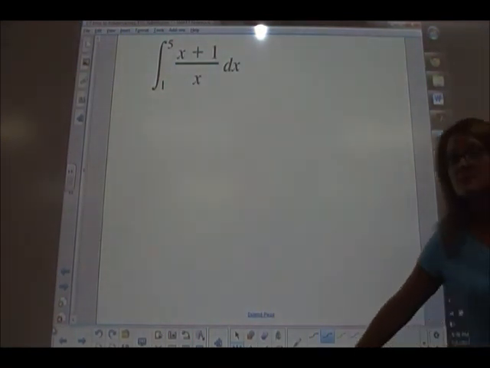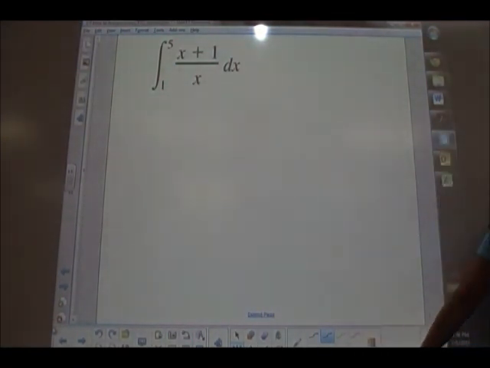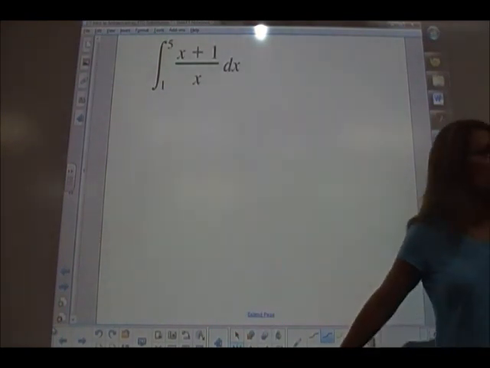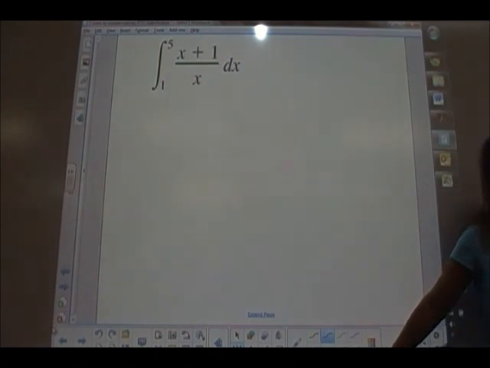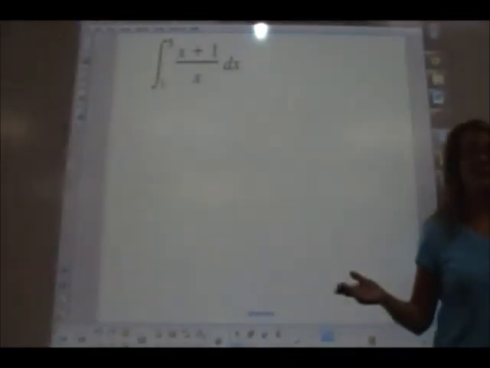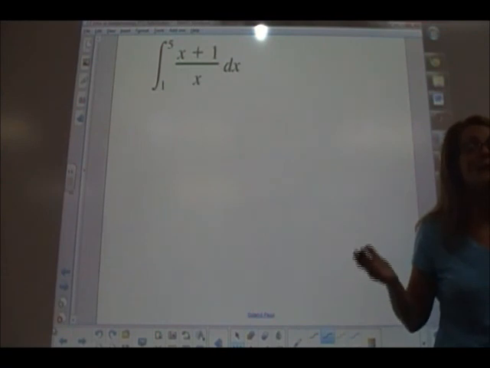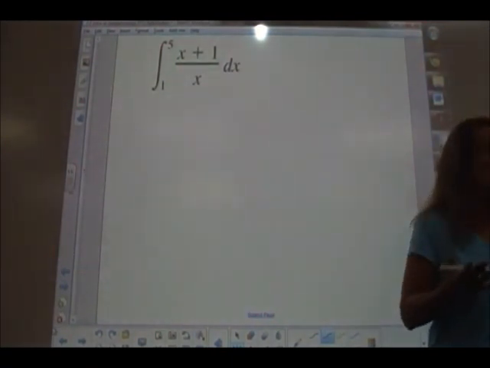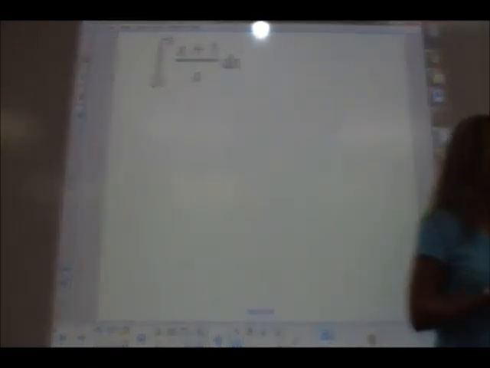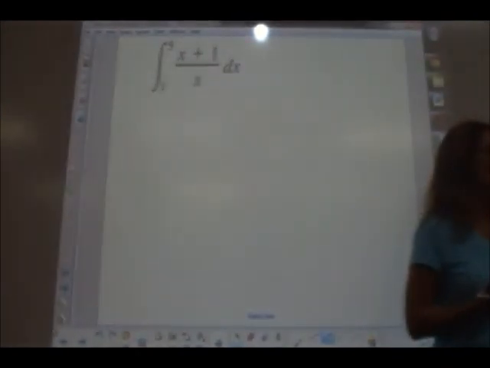Anna says no. You might find an antiderivative, and your antiderivative will have x's in it, but then you'll be plugging in the 5 minus plugging in the 1. You're going to get a number back. Definite integrals are like finding areas. You're going to get a number. There won't be any x's left.